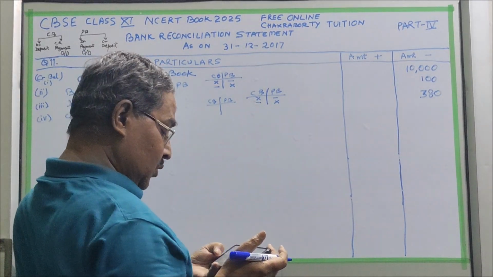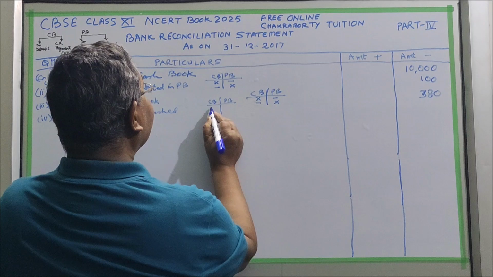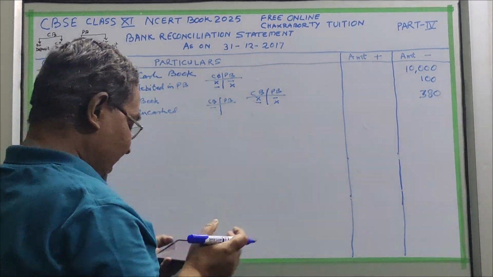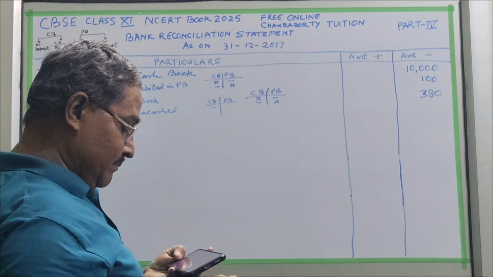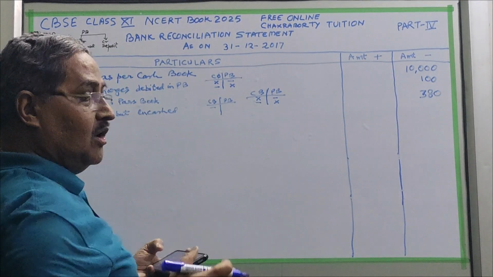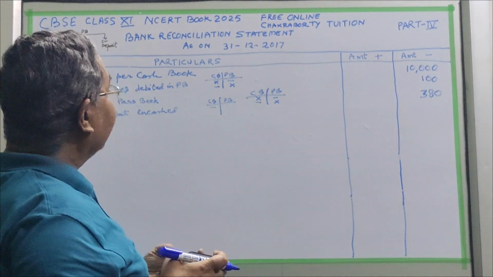Cash book checks issued but not encashed. When a check is issued, businessmen always increase the overdraft. It is an overdraft case, so the debt has increased, OD will increase in the cash book.